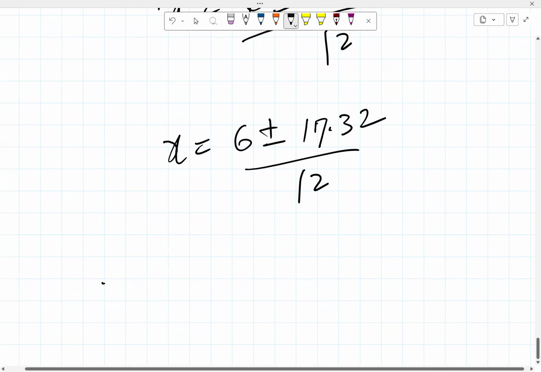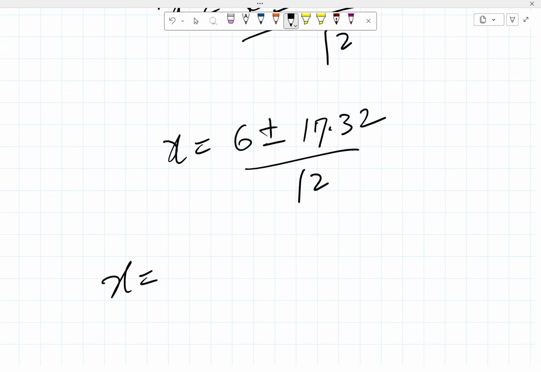Okay. So x is equal to, so we have it in two ways now. We have 6 plus 17.32 divided by 12.